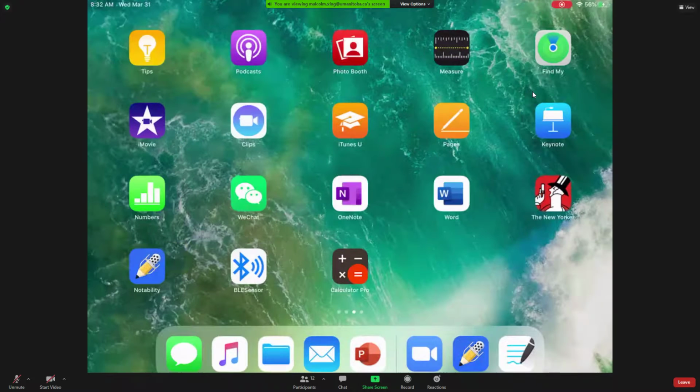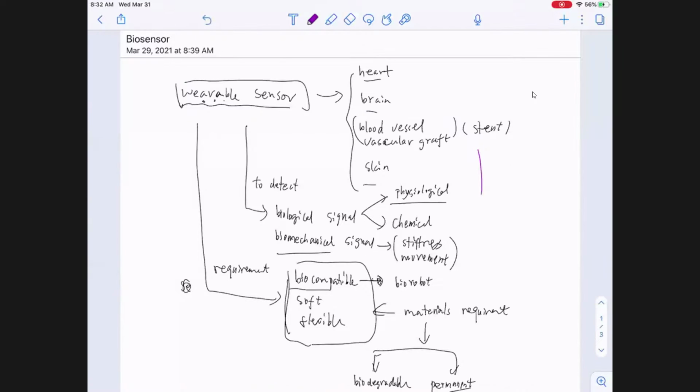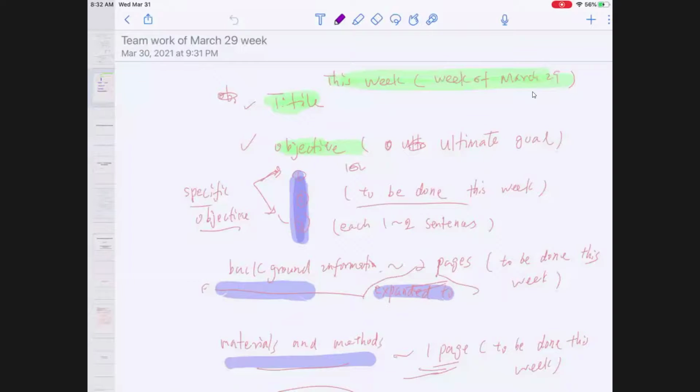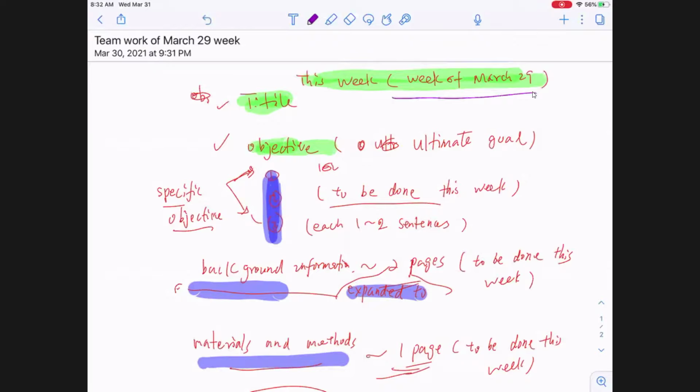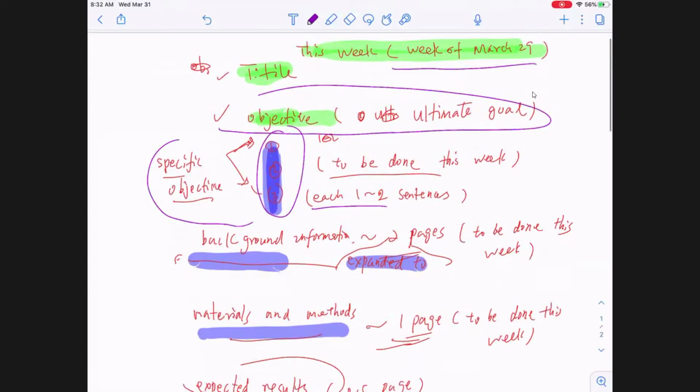So first, in the last lectures I also mentioned this. Guys, this week of March 29, based on your previous homework, I need you to be a little more specific on the objective, to be done this week, with one or two sentences to expand this part.